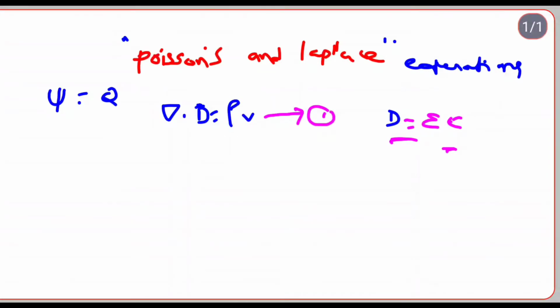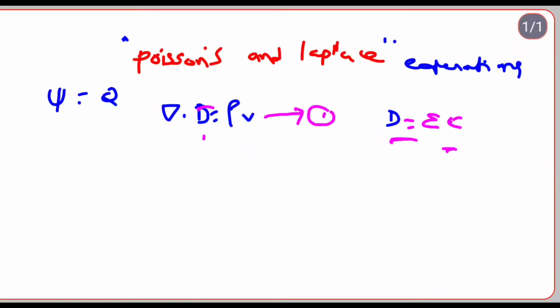How do we derive Poisson's equation? For boundary conditions, we require Laplace's and Poisson's equations. First, the Gauss law in point form is del dot D equal to rho V, where D bar is the electric flux density and rho V is the volume charge density.